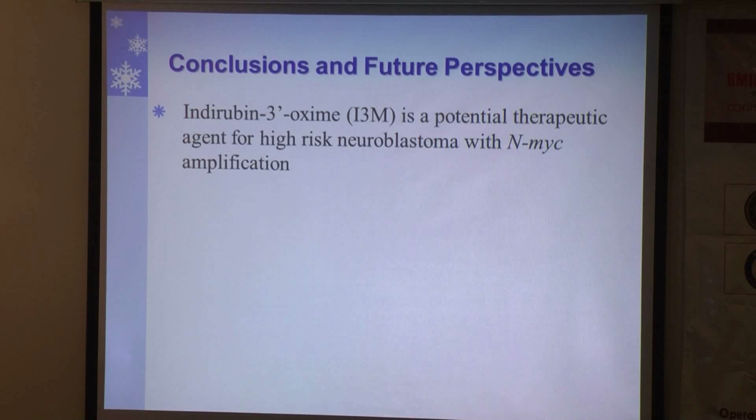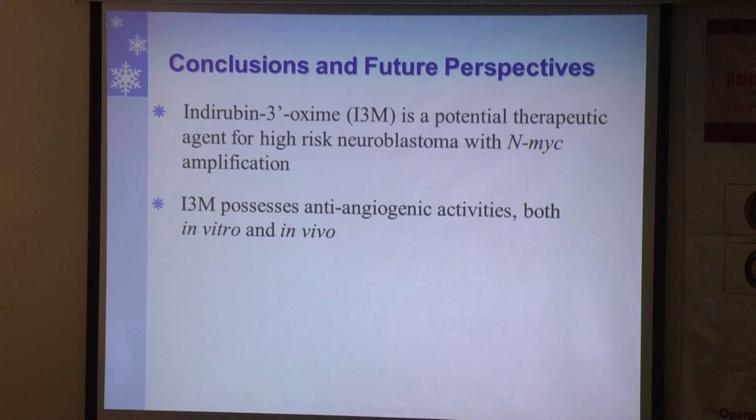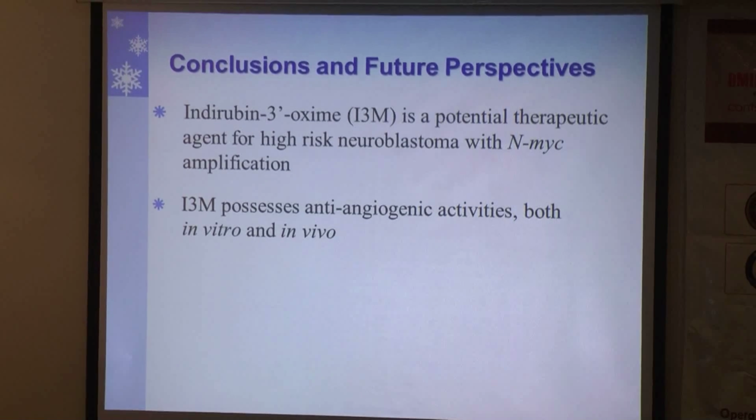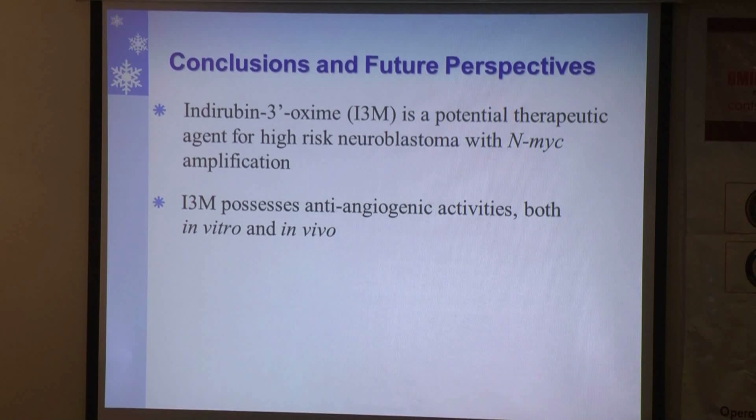Lastly is the conclusion. What we have found so far, I3M is a potential therapeutic agent for high-risk neuroblastoma, like cells with MYCN amplification. And I3M also possesses potent anti-angiogenic activity, both in vitro and in vivo.